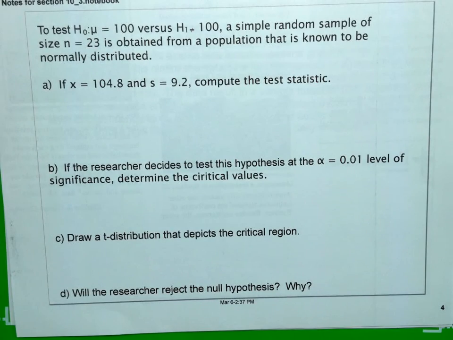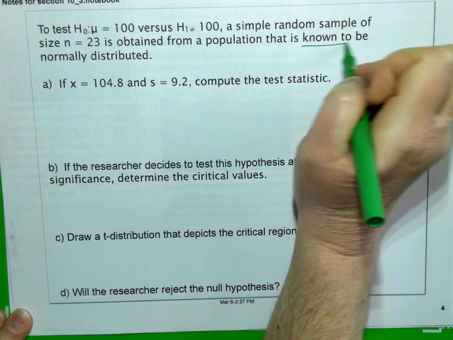So we have our test. It says to test H sub 0, mu equals 100 versus H sub 1, mu is not equal to 100, a simple random sample of size 23 is obtained from a population that is known to be normally distributed. Again, why do we have to know this?